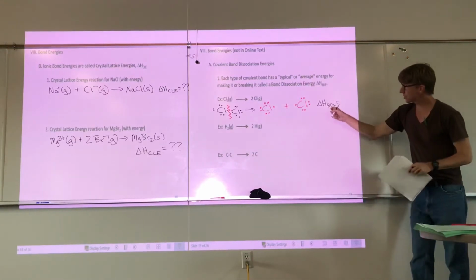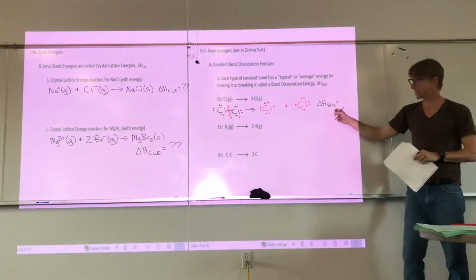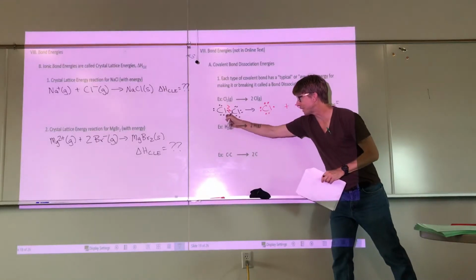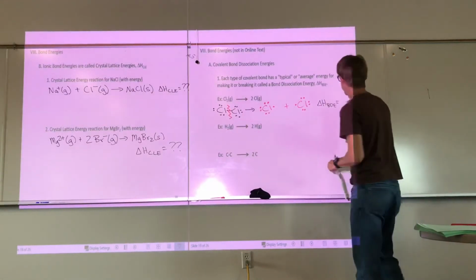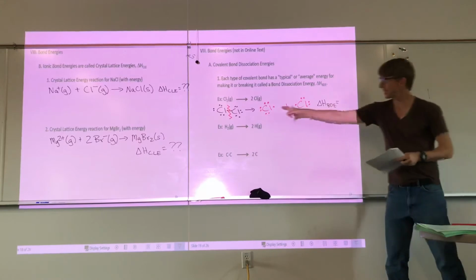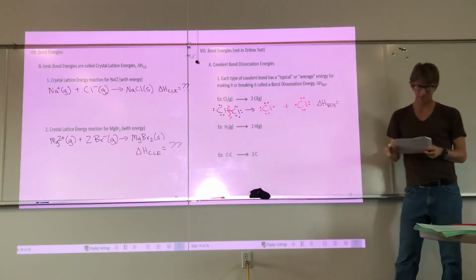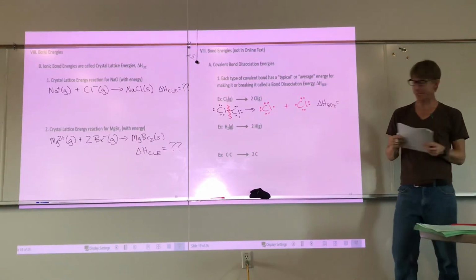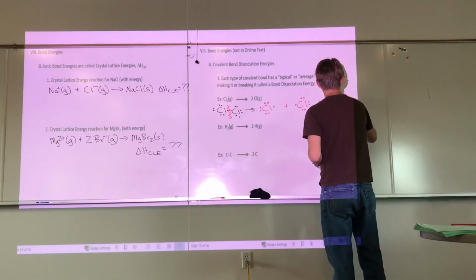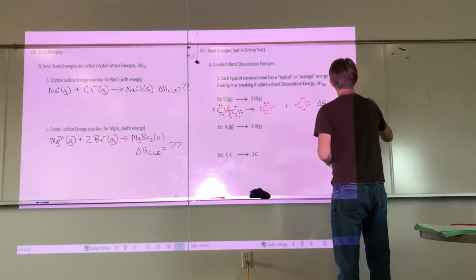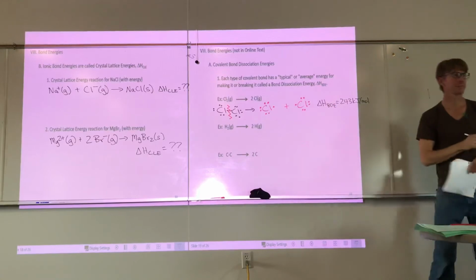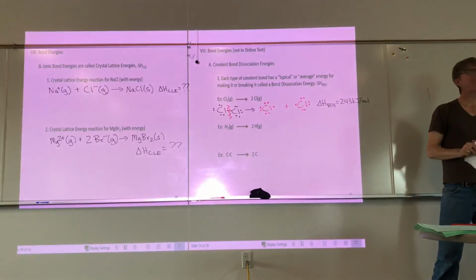What's called the bond dissociation energy. Another way of saying that is the energy for breaking this bond. And for breaking this bond into two atoms, it's 243 kilojoules per mole. And if your question is, how do you know that?